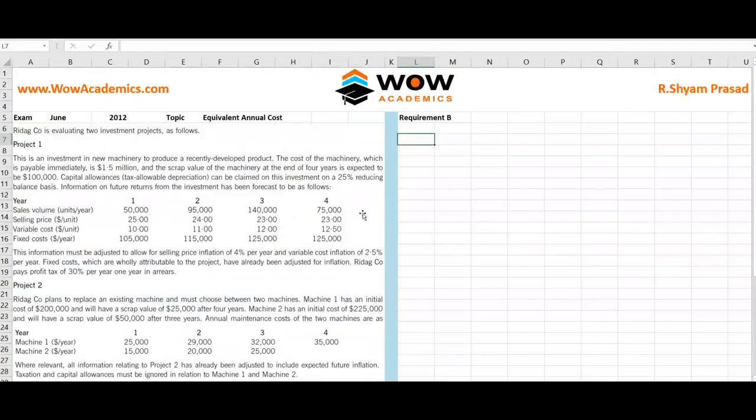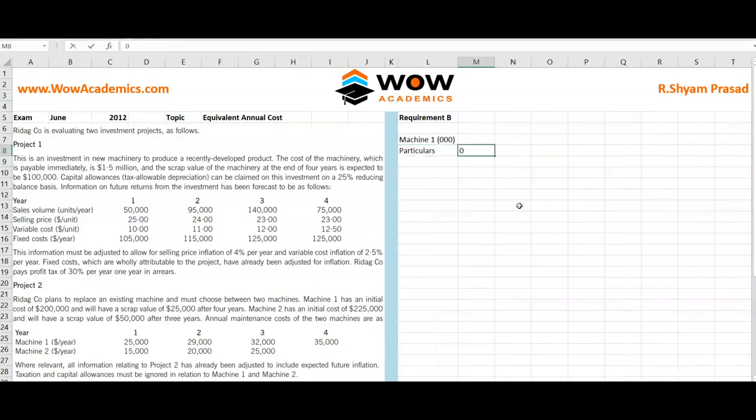So we'll start from machine 1 and machine 2 options. Machine 1 option will start. All the numbers we are going to work out in terms of thousands. We'll start from particulars, from the 0th year. Machine 1 is going to be operated for 4 years.